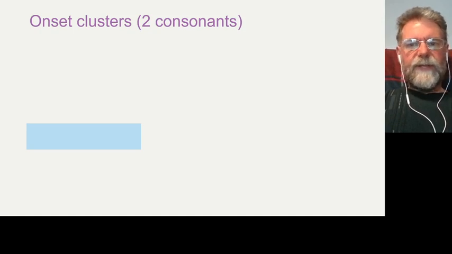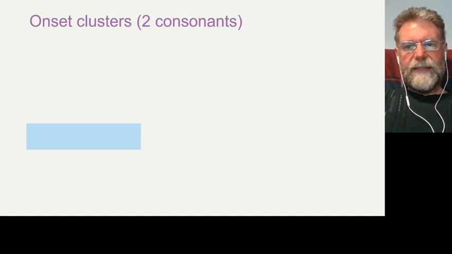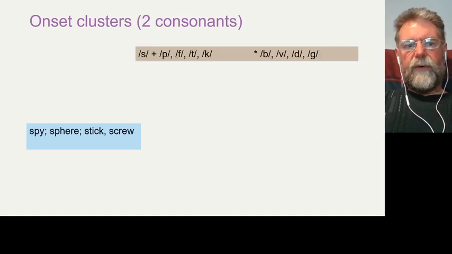Let's now look at some other two consonant clusters. These seem to involve a particular sound, and that is the s. S, unlike any other consonant, can actually be followed by plosives or fricatives.